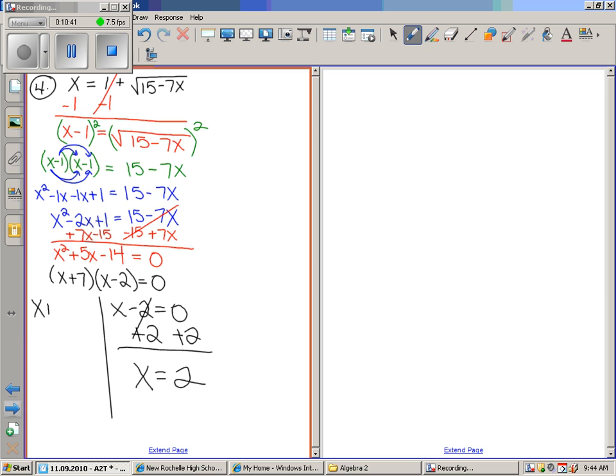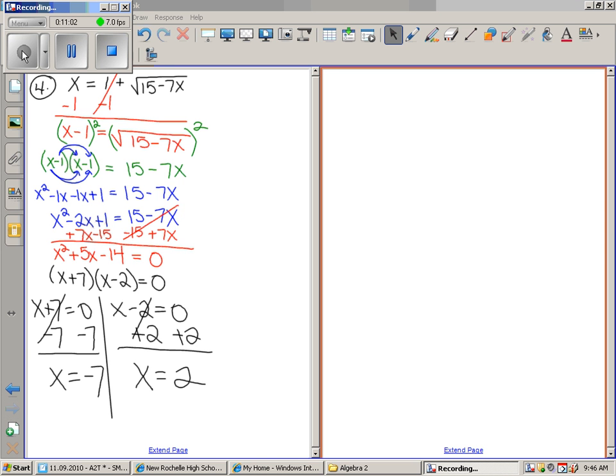The other possible answer to this problem is that x could equal negative 7. And I got that by subtracting 7 from both sides. We're done.